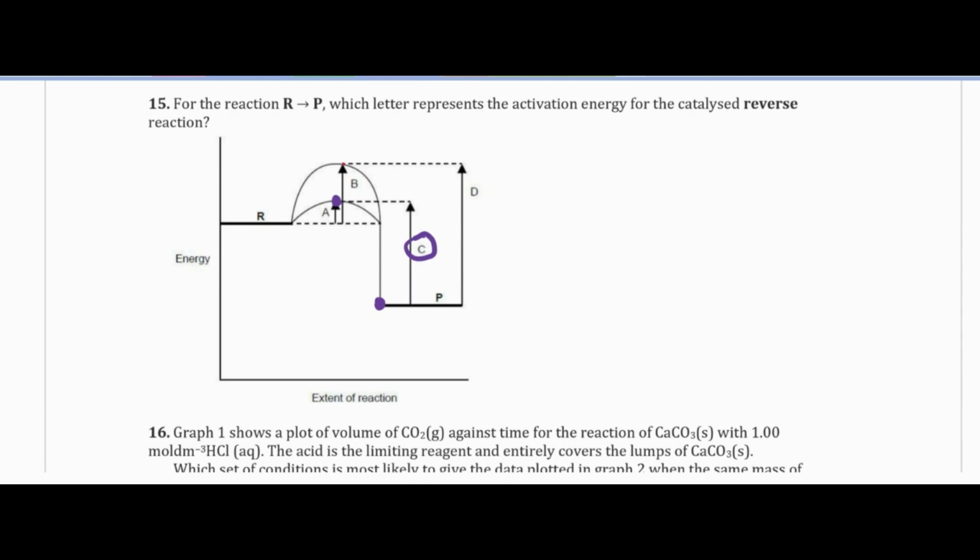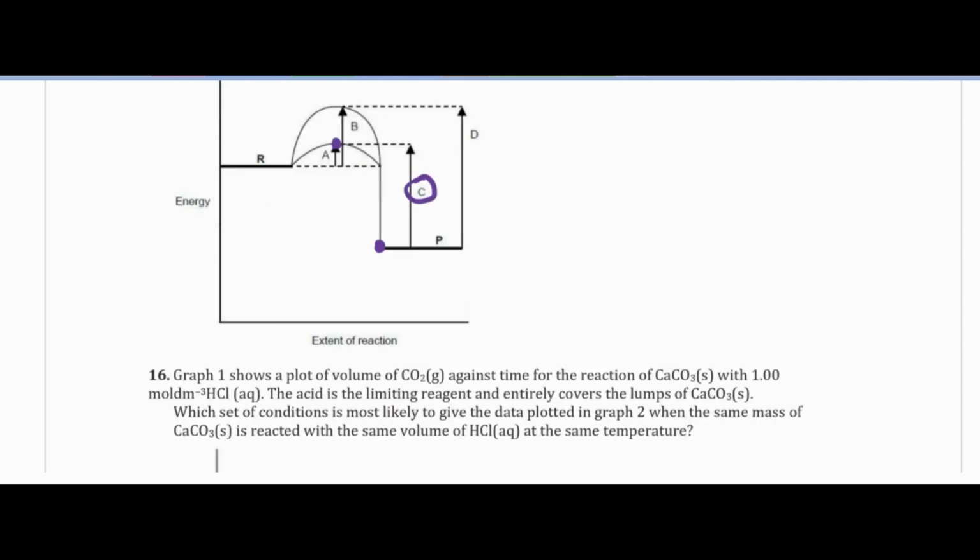For the uncatalyzed reaction, we'd go all the way up to B, so then it would be D. B would be the activation energy for the forward reaction from R, uncatalyzed, and A would be, again, the forward reaction, but catalyzed.